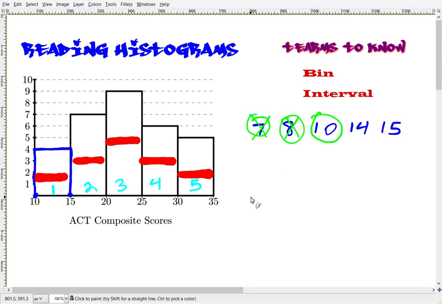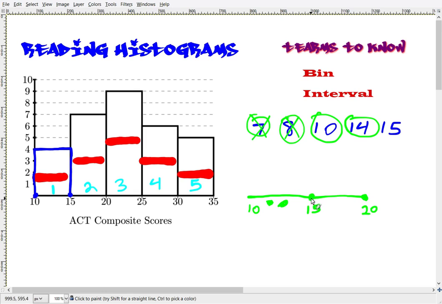So what you would get is 10 to 15 right here as the bin, and then the number 10 would be floating around as just a little counting chip. Then we get to 14 right here, and 14 would go into that bin. But now we get to 15, and the question is, does 15 belong in this bin, or does it really belong in the next bin? Because if you think about the next bin, it could be 15 to 20.